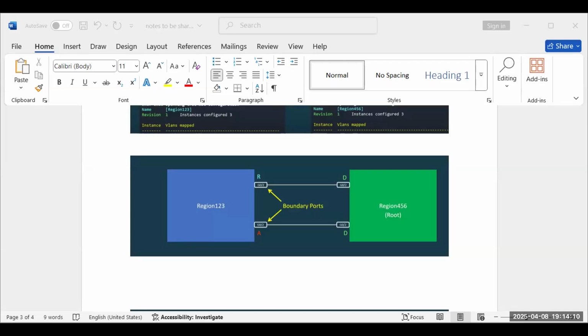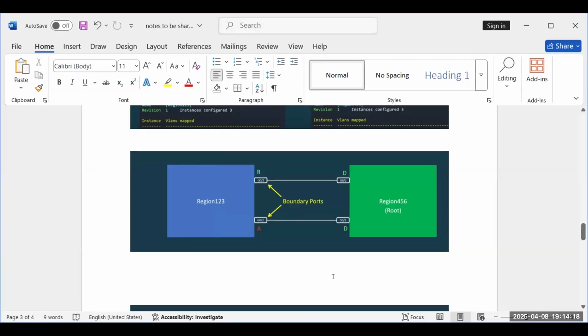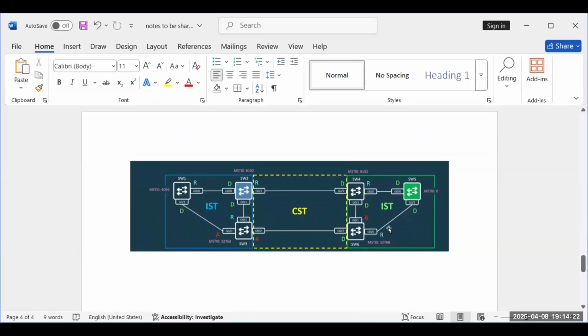See this picture: for each IST instance, there will be a root bridge. For this instance, this is the root, and for this instance, this is the root. Why is this selected as a root? Because this is acting as an exit interface to reach the root bridge.